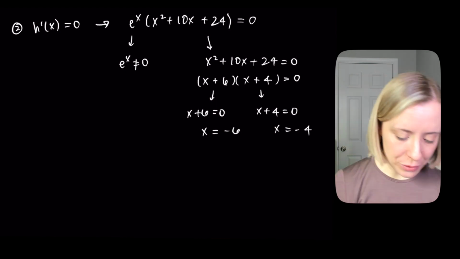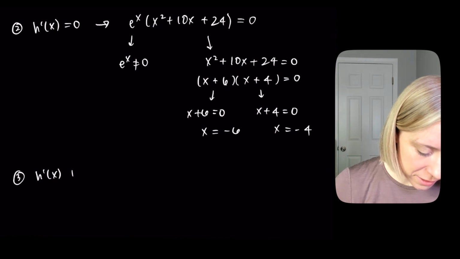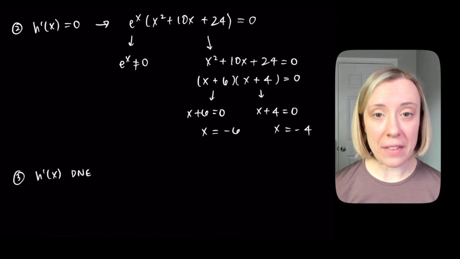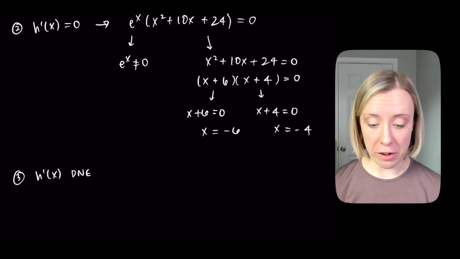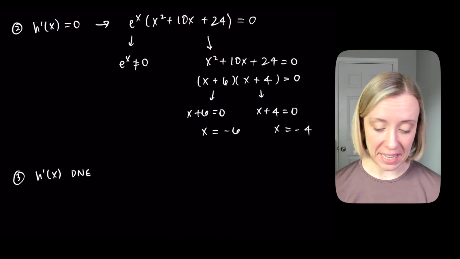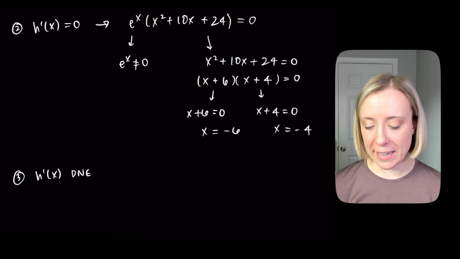So technically we do need to check where the derivative is undefined, but I'm noticing that there are no locations where the derivative is undefined. Any values for x work. I could plug in anything I want. It's just e to the x times x squared plus 10x plus 24.